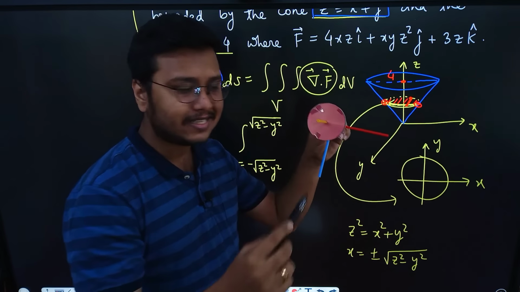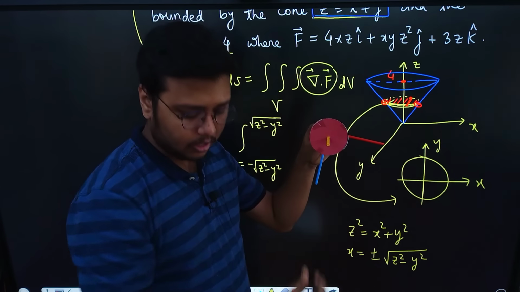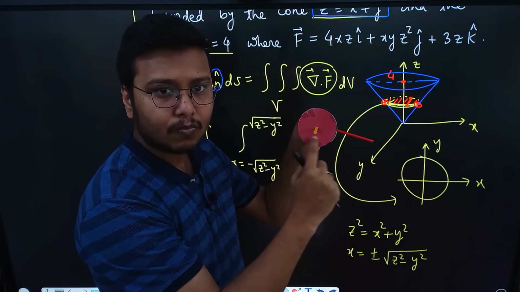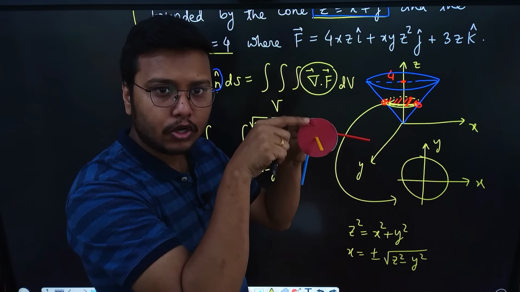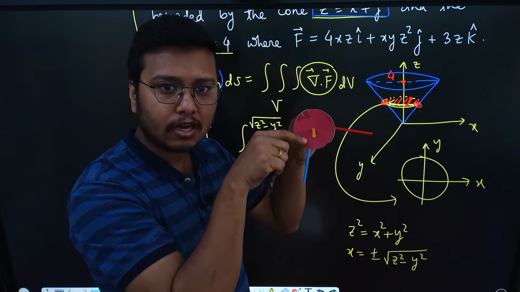Imagine this is the circle which you are seeing from the top, and I have taken one small strip over here, and I'm moving that strip up and down to generate the entire area of the circle.